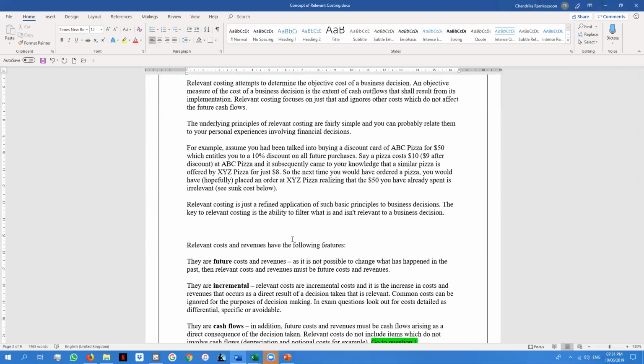Although it's really not a difficult principle to follow if you understand even a simple example like this, and if you appreciate the fact that a relevant cost must have these three qualities that we keep talking about, yet it's a bit challenging, I'll use that term instead of difficult, for a student to just switch over to relevant cost and forget about historic cost, which is what they've always been taught.